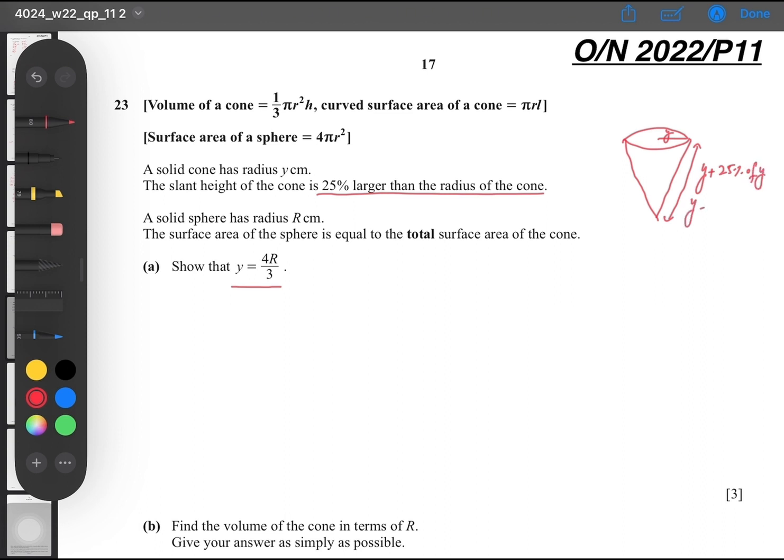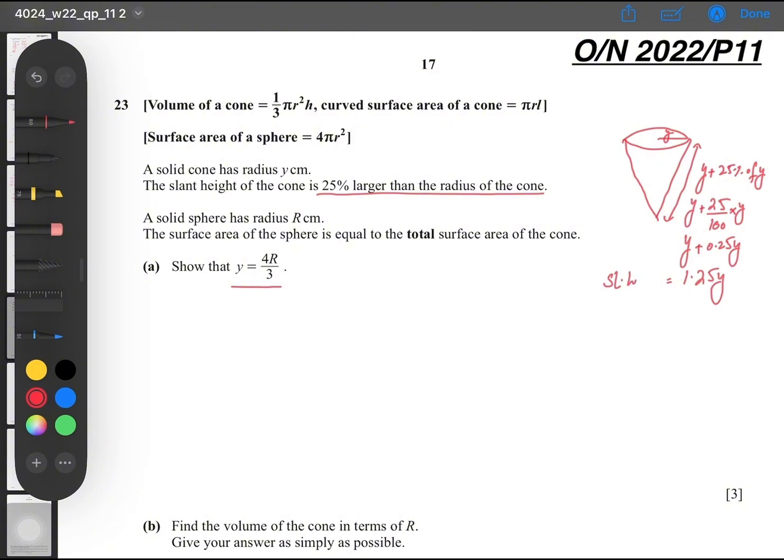So y plus 25 over 100 multiplied by y, this will be y plus 0.25y, and this is 1.25y. So this is the slant height of the cone.